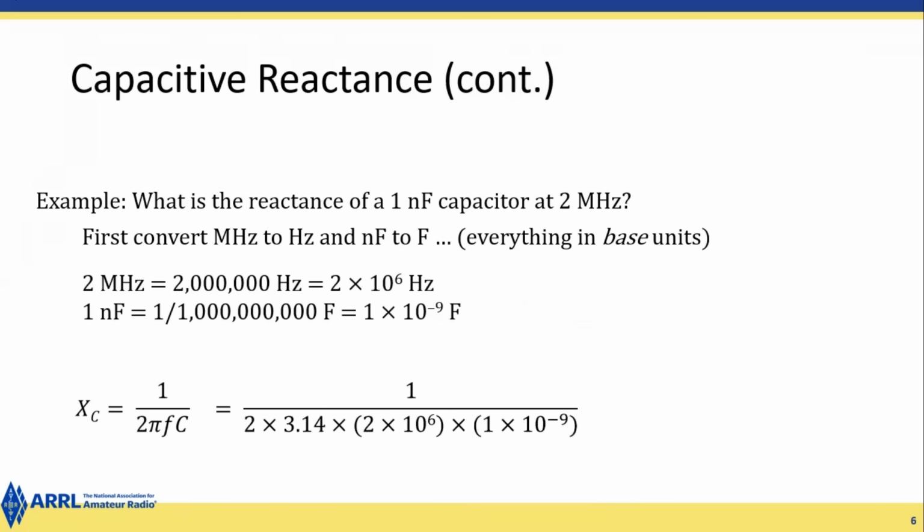So in this case, it's equal to 1 over 2 times 3.14 times 2 times 10 to the 6 times 1 times 10 to the minus 9, which comes out to be 79.6 ohms. So the capacitive reactance of a 1 nanofarad capacitor at 2 megahertz is 79.6 ohms.